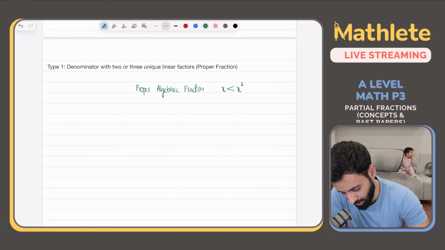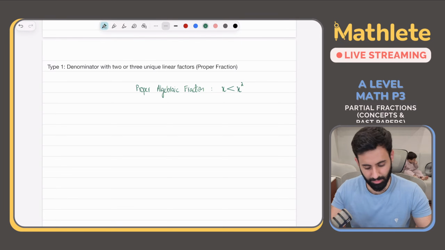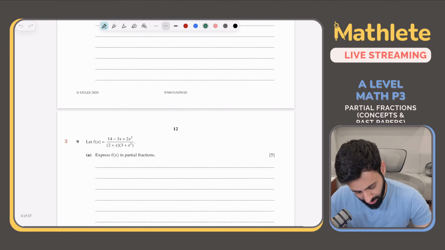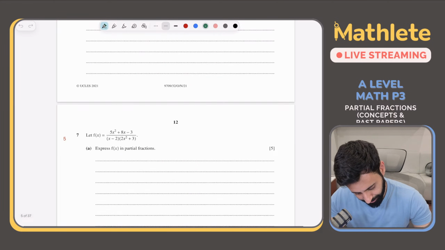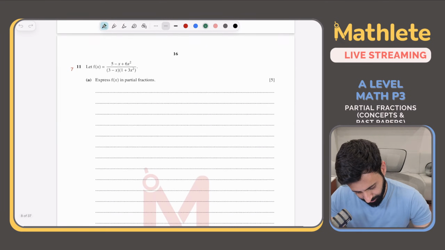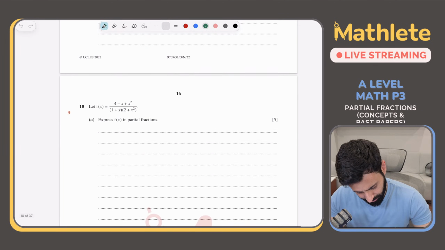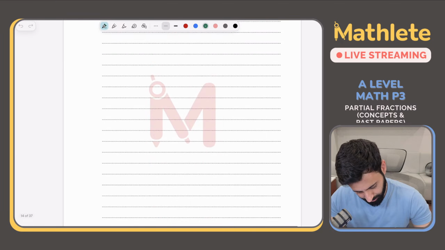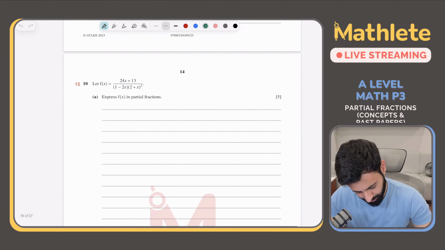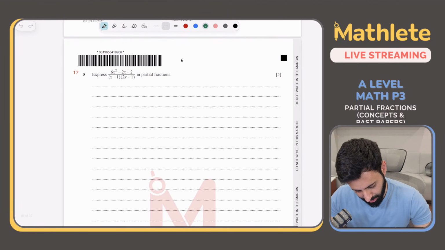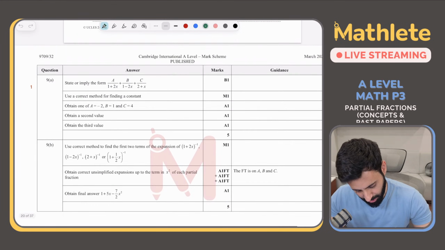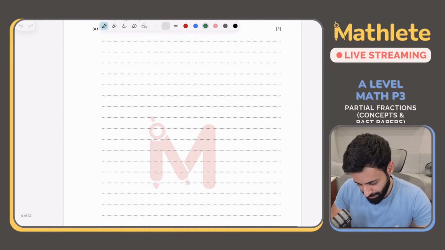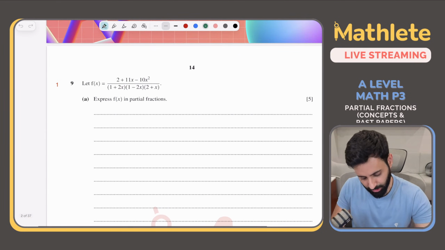For example, let's do a past paper question. The condition is that the denominator should have linear factors and it should be a proper fraction as well. Let's do this.